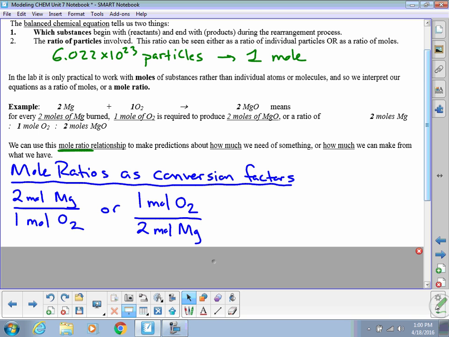So in this first example here, I have my mole ratio of magnesium to oxygen. This 2 for the 2 moles of magnesium comes right from the balanced chemical equation, and the 1 for the 1 mole of oxygen also comes from the balanced chemical equation. So we could say we have 2 moles of magnesium for 1 mole of oxygen, or we could flip it, like you can with any conversion factor, and say that there's 1 mole of oxygen for 2 moles of magnesium.